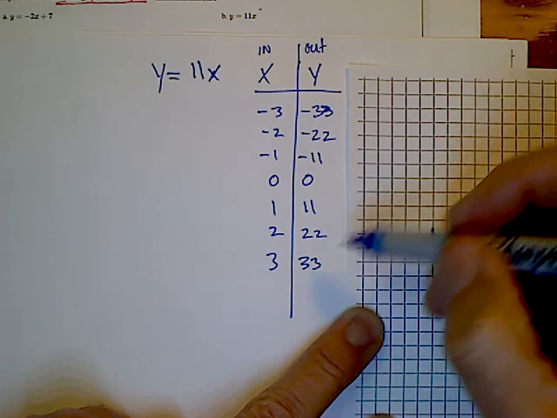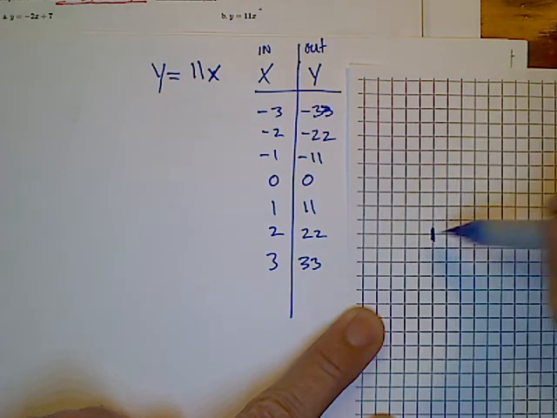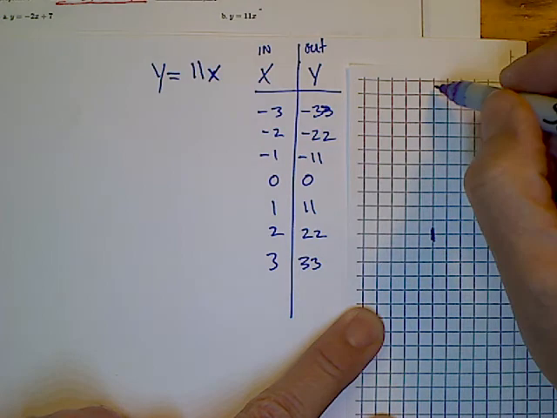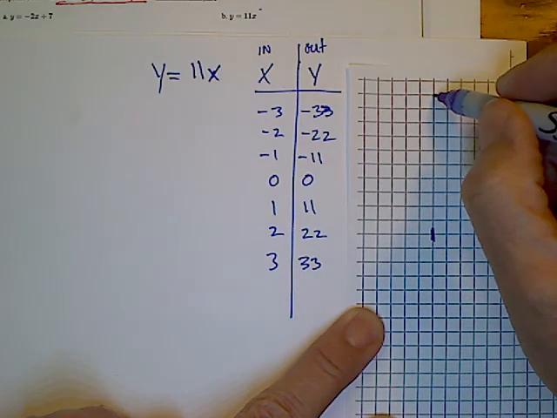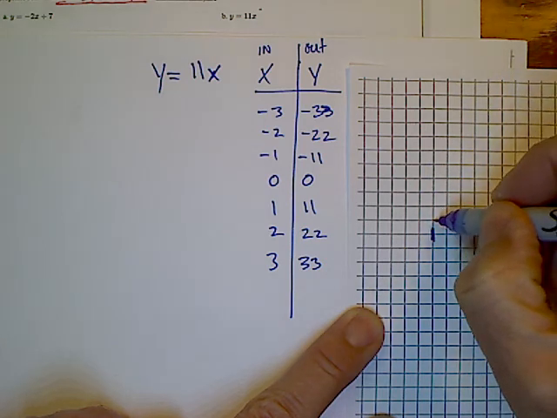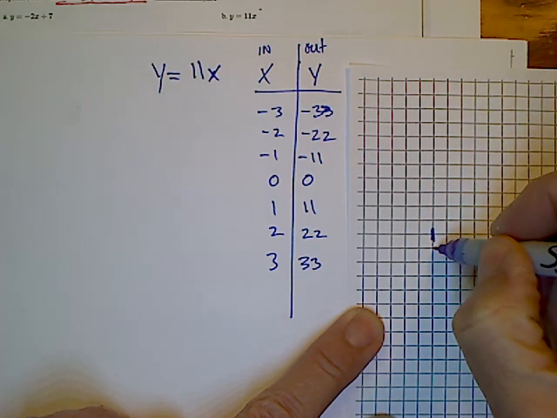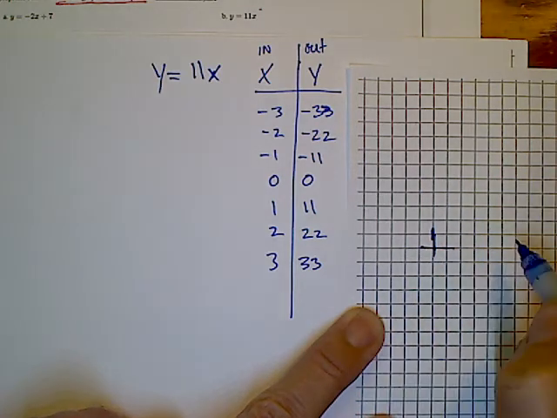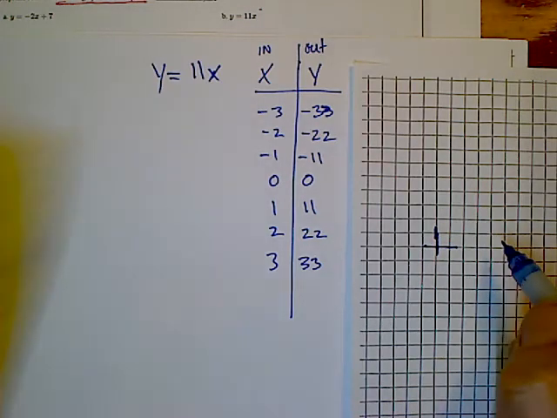If I go by threes, then I can get up to 11 spaces and still get my 33. So I'll count down 11: 1, 2, 3, 4, 5, 6, 7, 8, 9, 10, 11. Just for good measure, I'm going to go one more. So this is where I'll have my origin, the center of my graph.